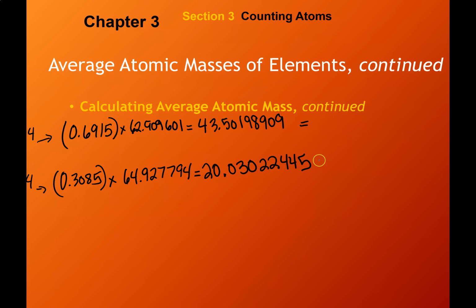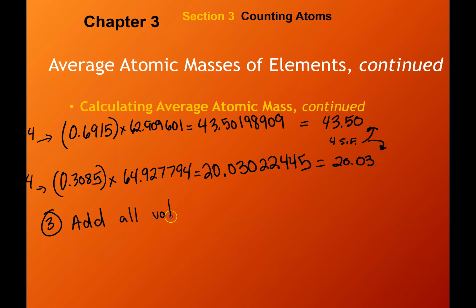We should only keep 4 sig figs in our final numbers. So I'm going to round my numbers to 43.50, and I'm going to round this number down here to 20.03.